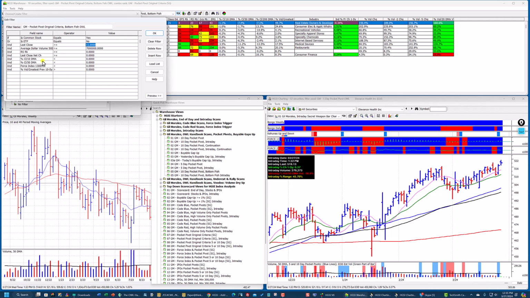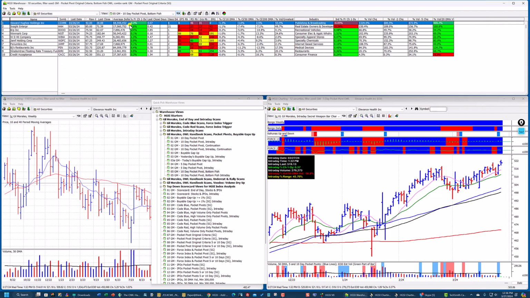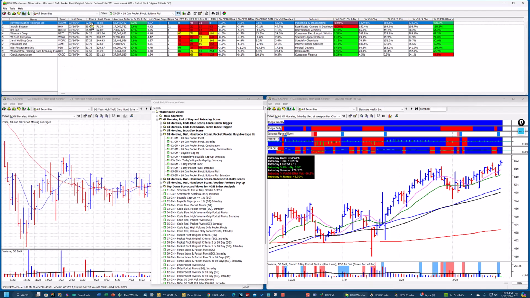Okay, for the bottom fish, I use the percent close below the 10 and below the close of the 50-day moving averages, and the force index is negative. The Force 13 is negative, but the 10-day pocket pivot is positive, and let's see if this brings up anything. Not many.